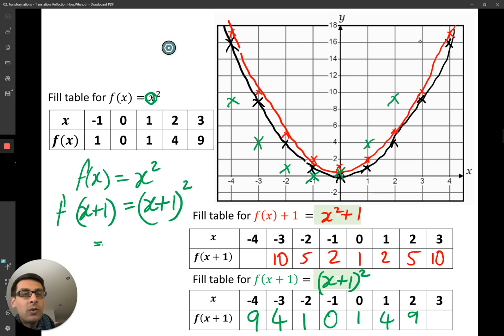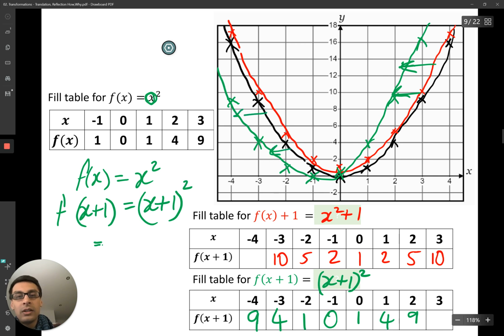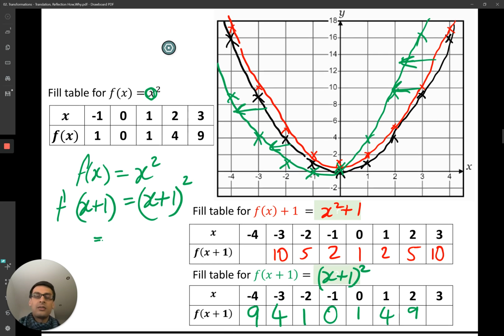So the graph looks like it's actually shifted in that direction. So it's moved to the left compared to the original black graph. So inside the bracket it seems to move it left or right, but it moved to the left even though we added 1. Well, we're going to look a bit more into that in the next part here.